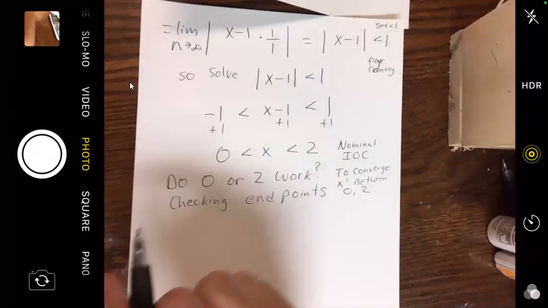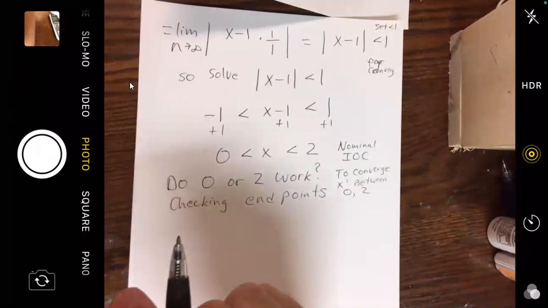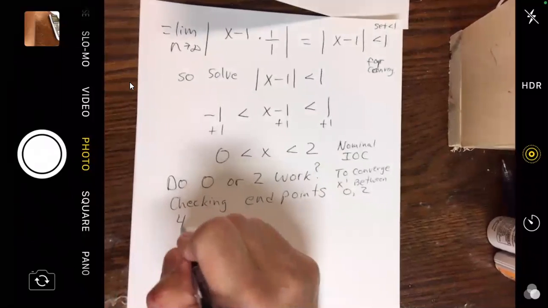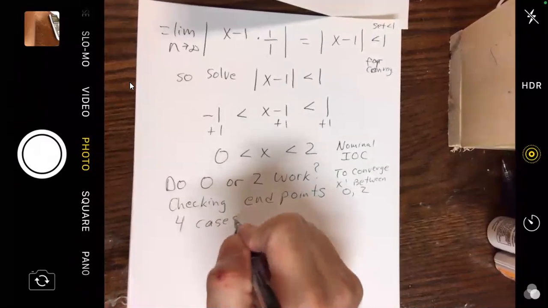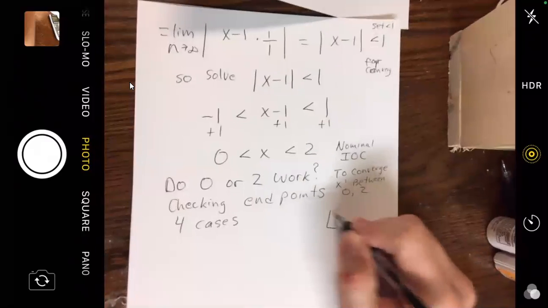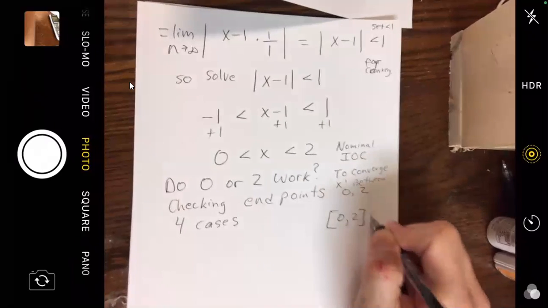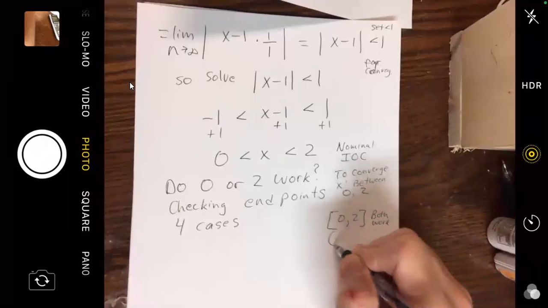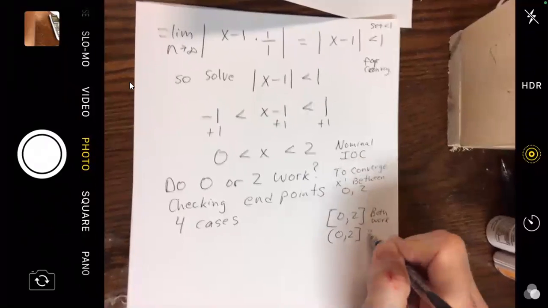Remember, do I need to write down the 4 cases again? I wrote it down Tuesday, real fast at the end. Remember there's 4 cases. If it's brackets, both work. If it's parentheses there, 2 works.